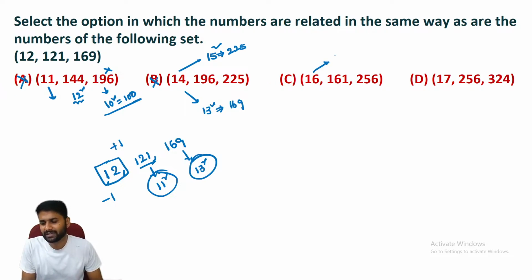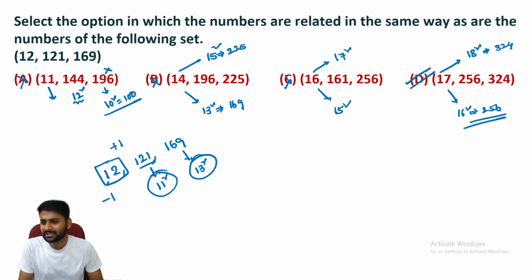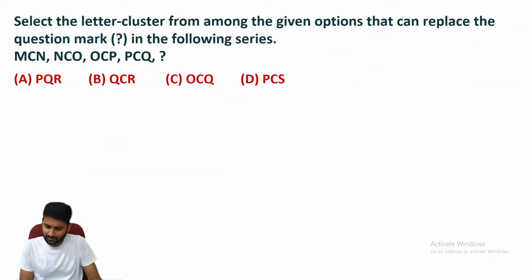Now 16 plus 1, 17 square, and 16 minus 1, 15 square. So it is also satisfied. Now 17 plus 1 is 18, 18 square is equal to 324. 17 minus 1, 16 square is equal to 256. Yes, option D is satisfied. Let's move on to the next question.